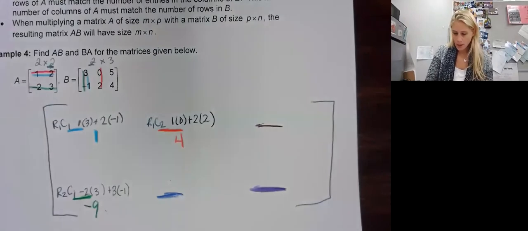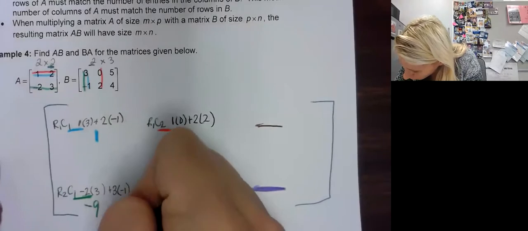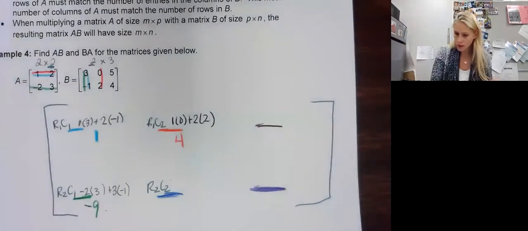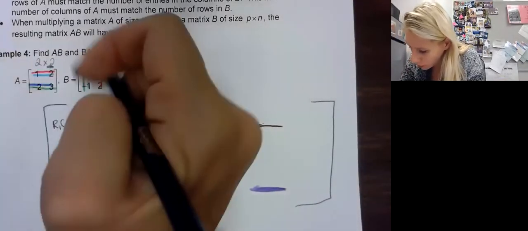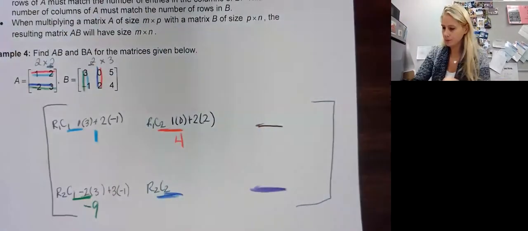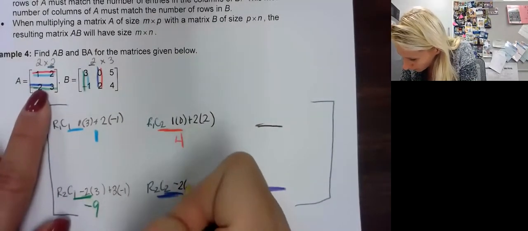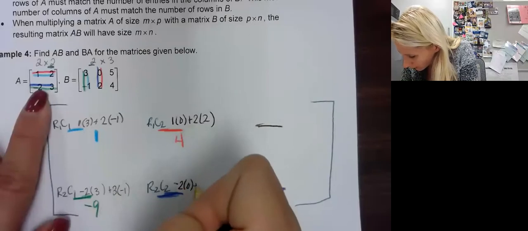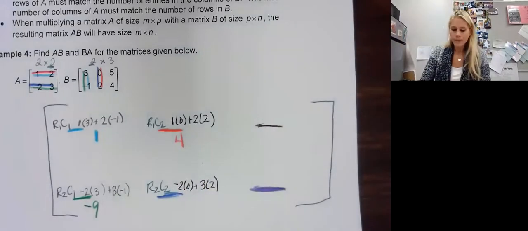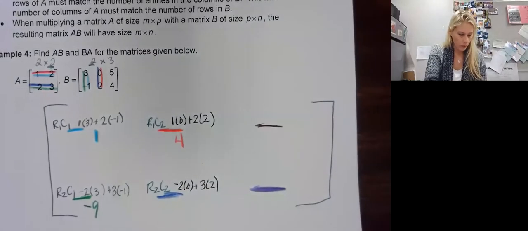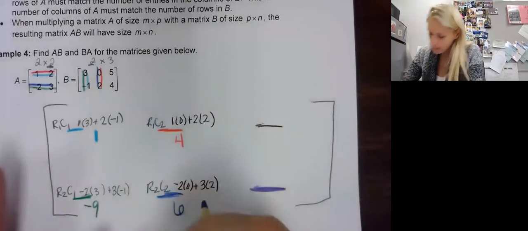Okay. Next, I'll do this one down here. Row 2, column 2. That is the dark blue. So row 2, column 2. So that is -2 times 0 plus 3 times 2. All right. What does that give us? 0 plus 6 is 6.